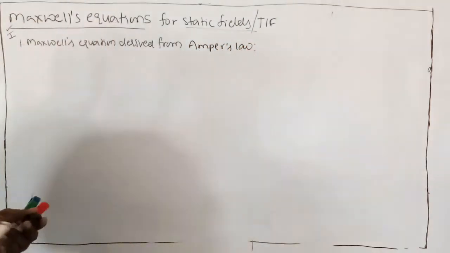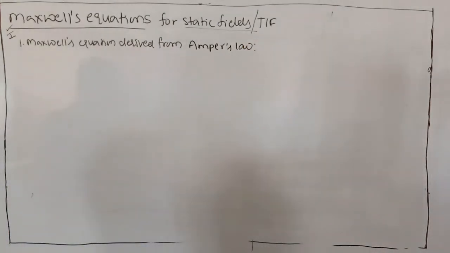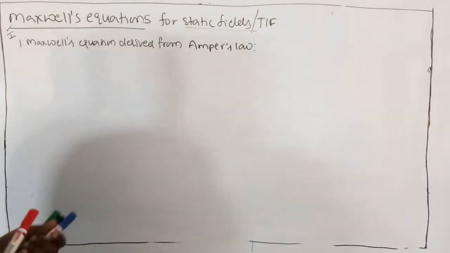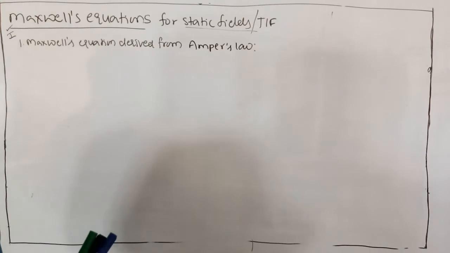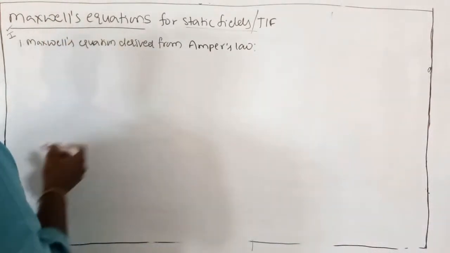What is the statement of Ampere's circuital law? It is the line integration of magnetic field intensity around a closed path, which is exactly equal to the direct current passing through the conductor. So that is Ampere's circuital law.